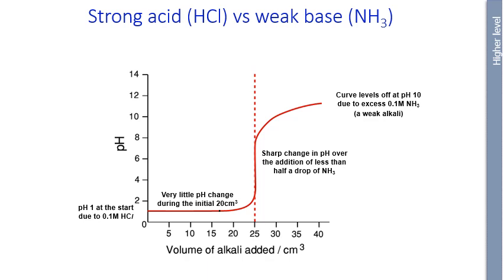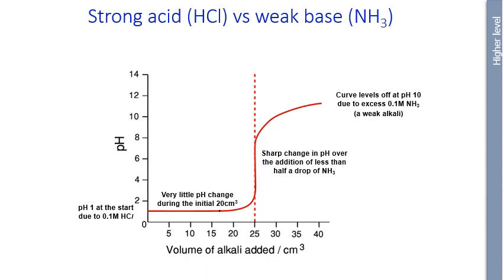But notice the curve doesn't level off as quickly as that of a strong base, because now you've got the formation of a salt, ammonium chloride. The curve levels off at a pH of around about 10 due to an excess of 0.1 moles per decimeter cubed of ammonia. It's not quite as high as pH 13 because it's a weak base.